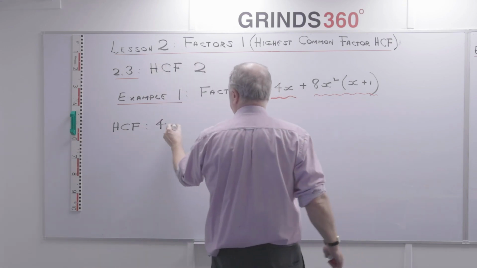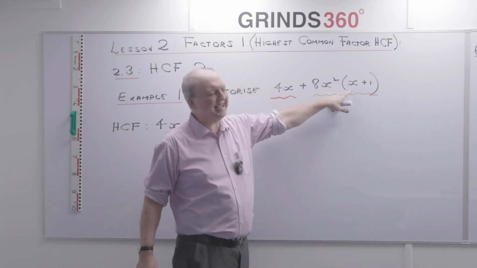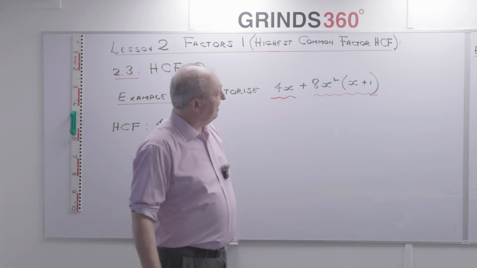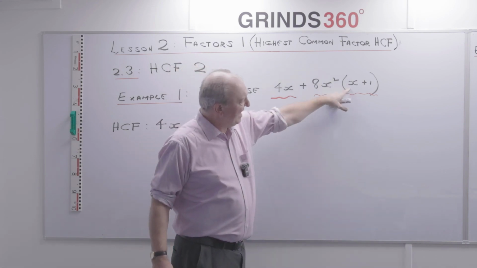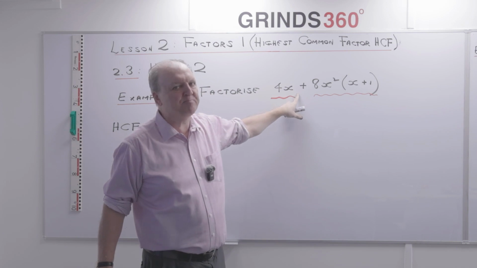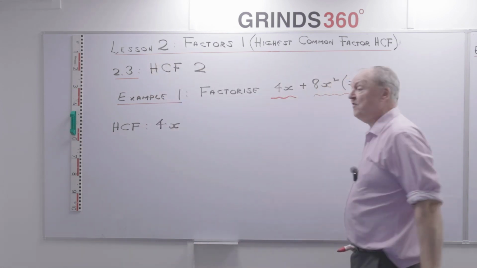The answer is x. And then finally, you've got a bracket called (x plus 1). Treat that as a unit. There's x plus 1 there, but there's no x plus 1 there, so I can't take that out as part of the HCF. So my HCF is 4x.